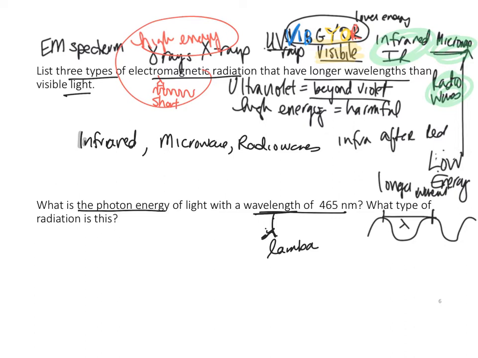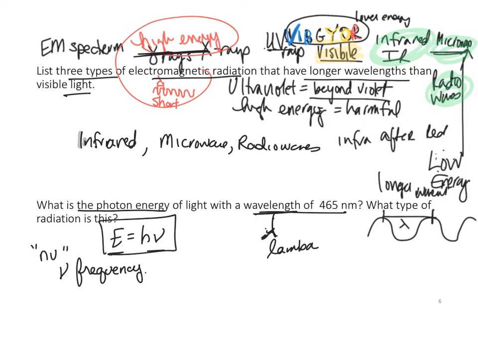And then energy, which we've been talking about in joules, equals h nu. So nu is this cursive v, and that is frequency. And frequency is directly related to energy. I told you that these rays have high energies. Well, that also means that they have high frequencies.